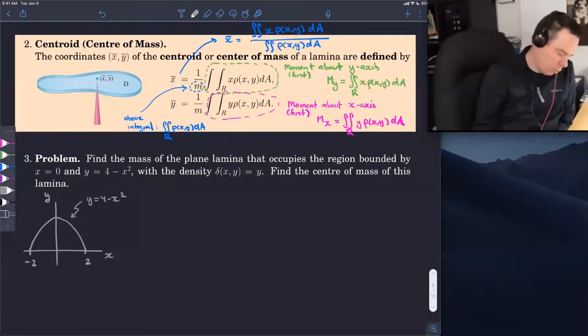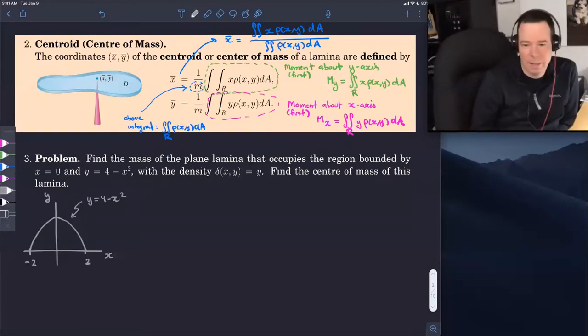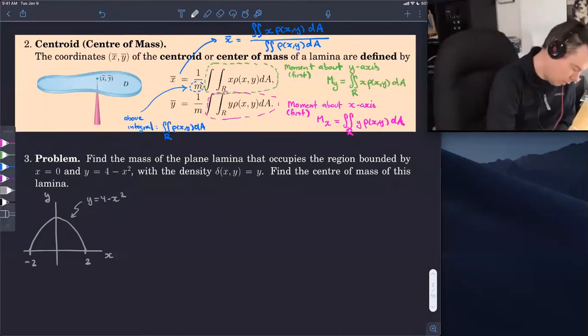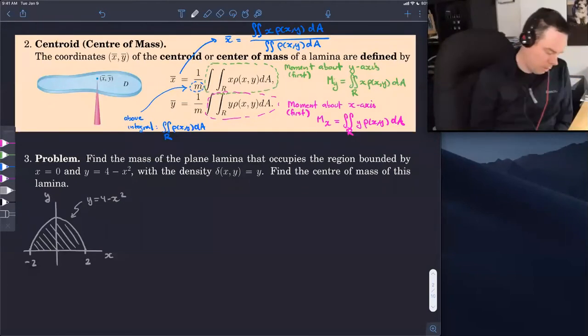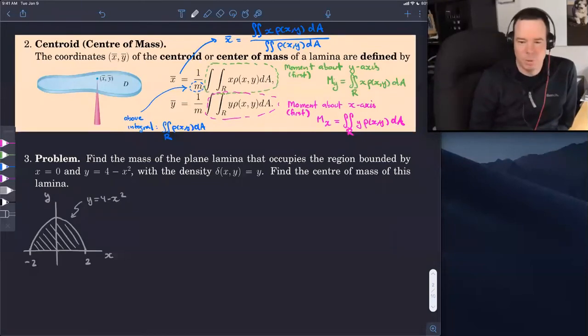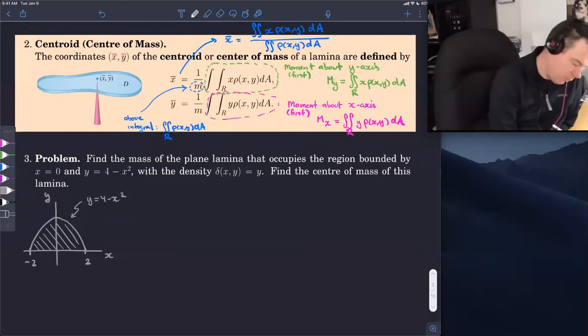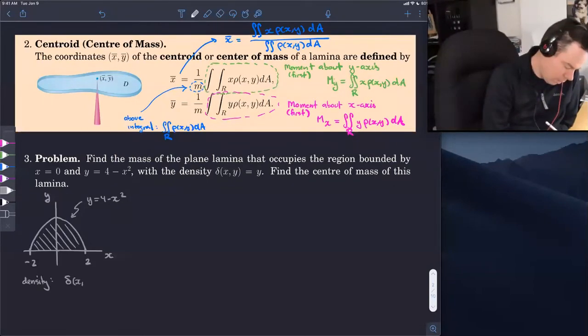And it's bounded by this parabola and the x-axis. So that means it's this region here. So there's our lamina. That's our plate, our oddly shaped plate. And we have a density function for this lamina. The density function, as given in the question, is using delta to denote the density function. Above, I used rho, but here we're using delta.